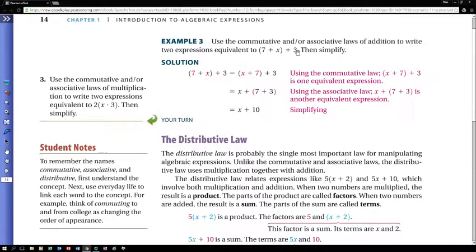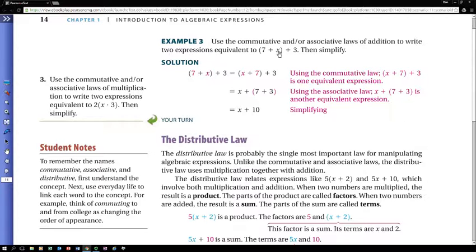And I can take this expression and simplify it, or basically write an equivalent expression that has less complexity to it, really, is one way to say it. Here I only have one addition to deal with. So if I was going to evaluate this and I wanted to know when x is 5, what would that evaluate to? Well, with this simplified expression I could say, hey, that's 5 plus 10 or 15.